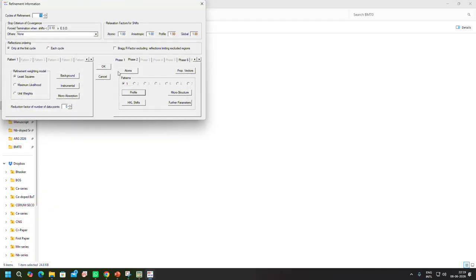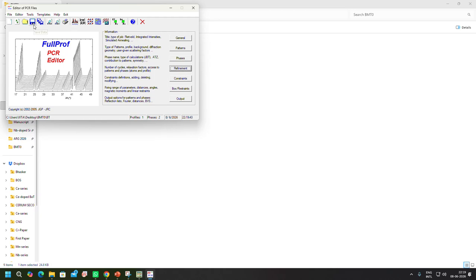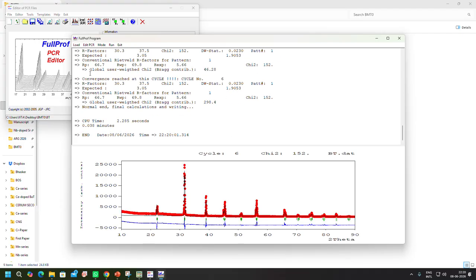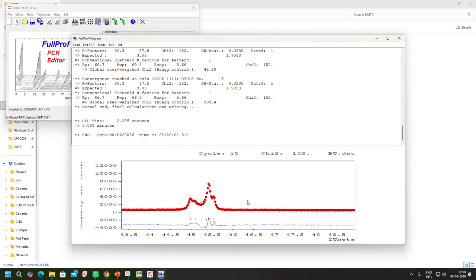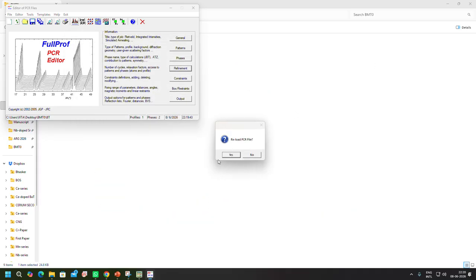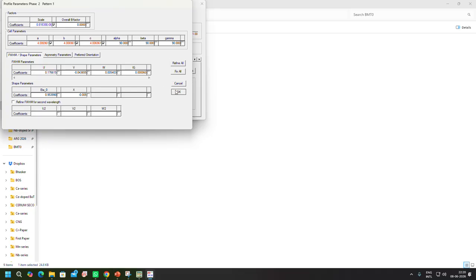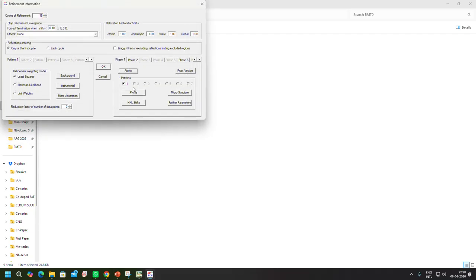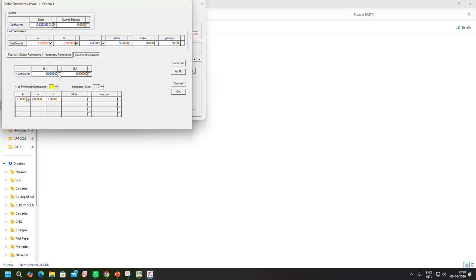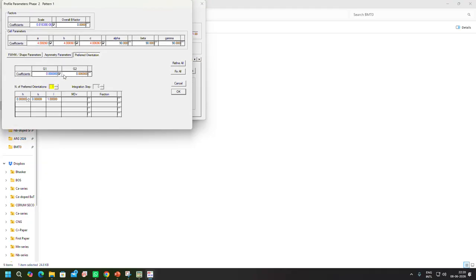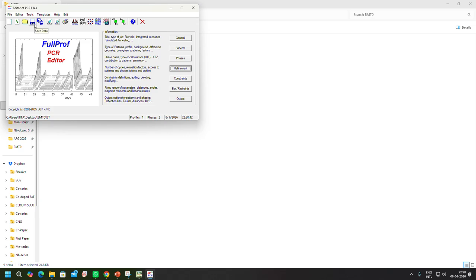So as you now refine the profile parameter for phase 2, you can see the difference how this fitting will superimpose, your black one is superimposed on the red one. So you just close this, and now you just run for the phase 2. You just first untick and then go to the phase 1 or phase 2 profile, and go to the preferred orientation. Here you see the preferred orientation is for both phases.